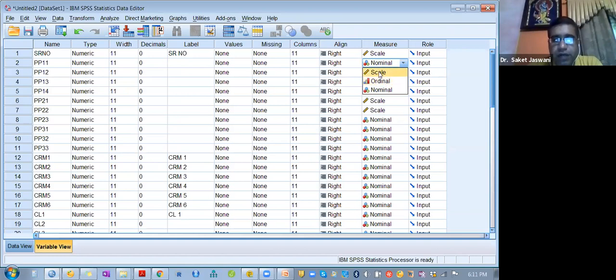In certain tests it is required to convert between scale and nominal. I will tell you where, but in various tests it is not required. Here you can also see if any value is missing in any of the columns. If any value is missing, you need to check and delete that response, or replace it with some value. So this is how it typically looks.